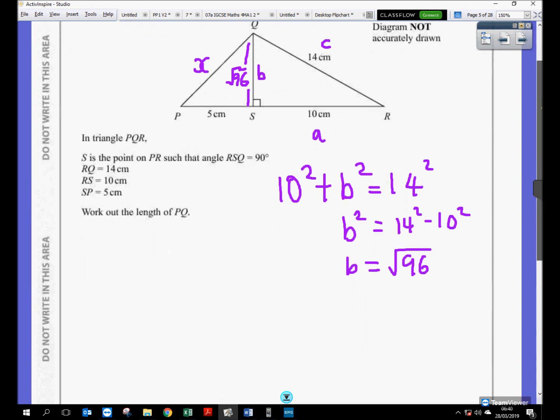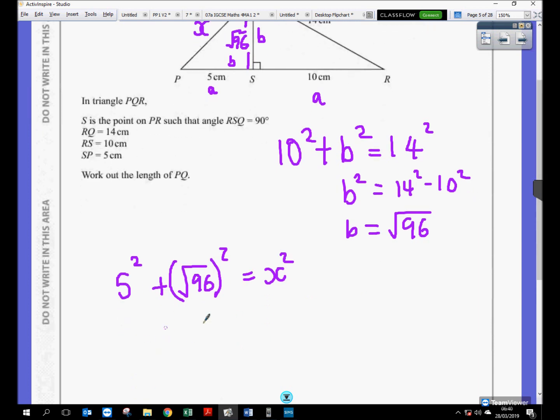Okay, now I want to work out PQ. Look at the triangle on the right hand side. Again we can label the sides if we wish. A, B, C. So we have 5 squared plus root 96 squared equals x squared. We can type this into the calculator.